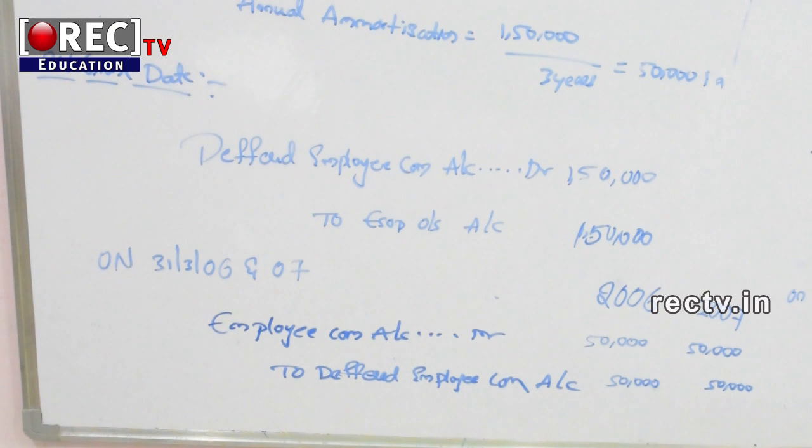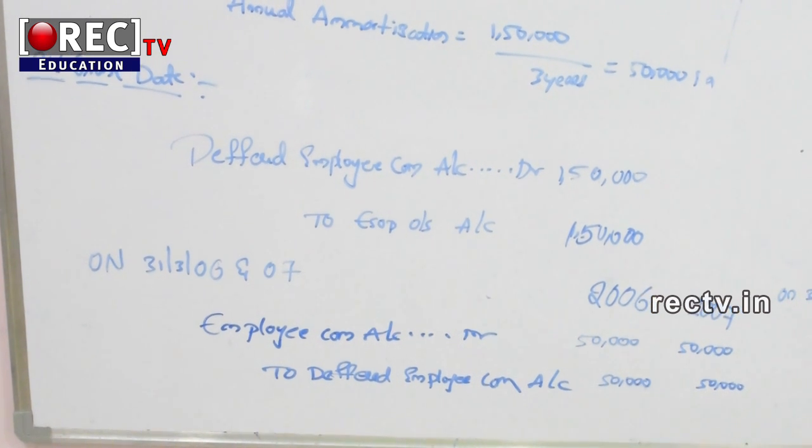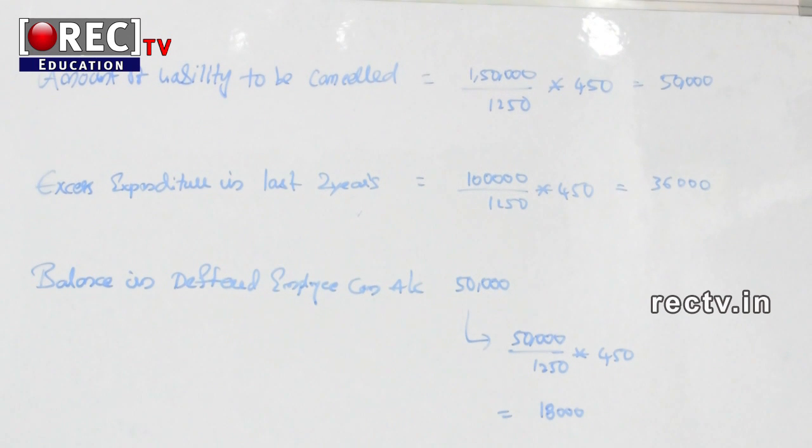And during the third year, on 1st May 2007, there is a lapse of options. Since 450 options lapsed, the liability relating to 450 options shall be cancelled. So how will you cancel and what amount should be deducted? Let us see. Here the amount of liability to be cancelled: the value of options for 1,250 is 1,50,000.